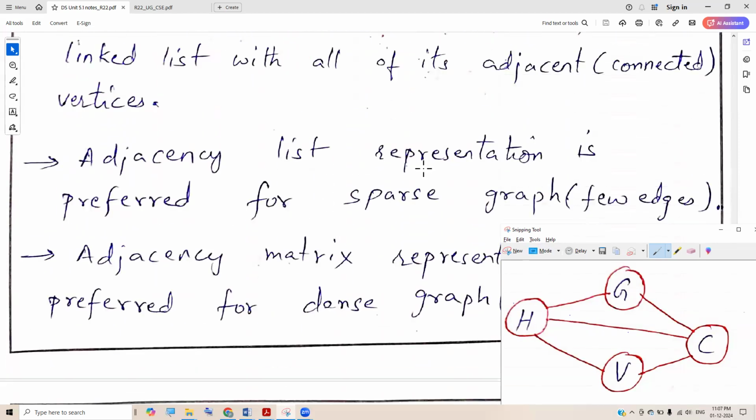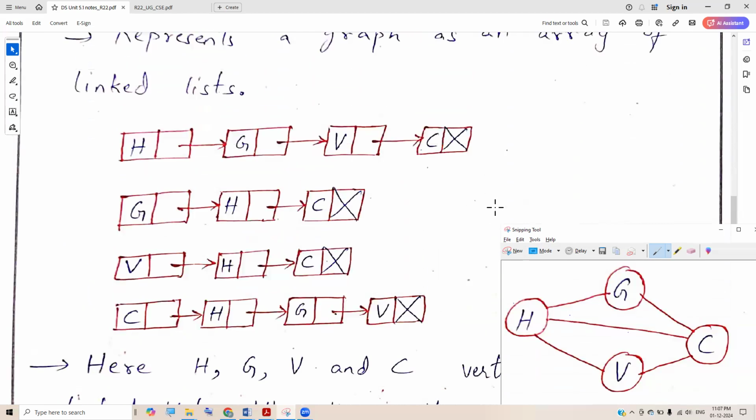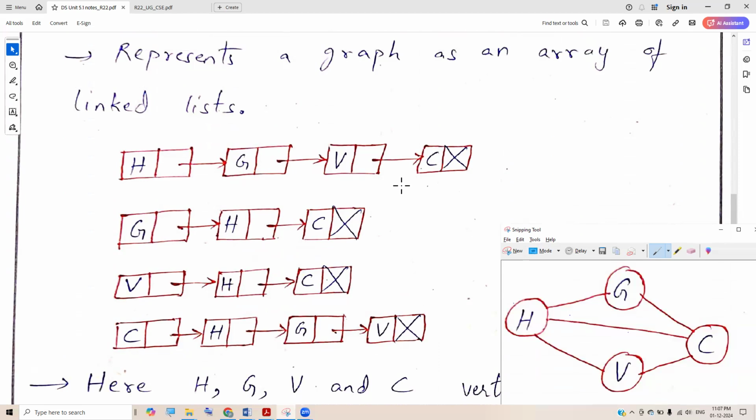Here, the adjacency list representation is preferred for a sparse graph. That means if a graph has fewer edges, then we prefer the adjacency list representation. Otherwise, what happens?